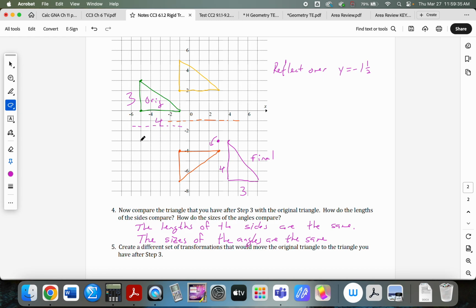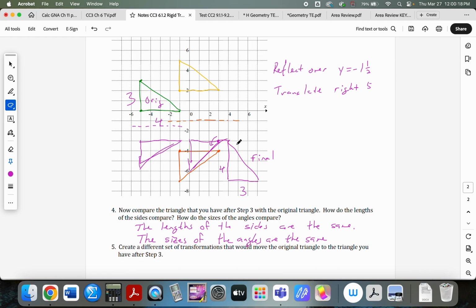So it would be like this, yes? And then I translated to the right 5 times. So translate right 5. So now it looks like this. Oops, they didn't make that long enough. I was like, something's not right.